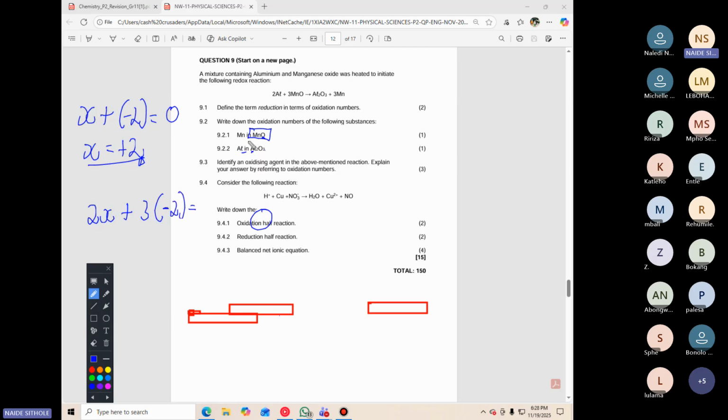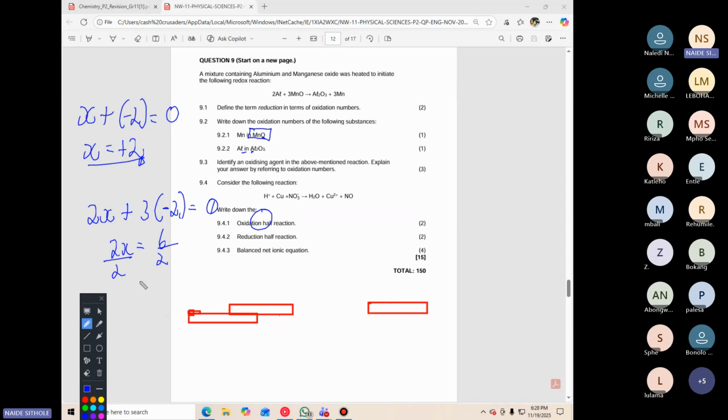Again we are met with a stable substance, so it is equated to 0. Now we have 2x equals positive 6 when we transpose, then divide by 2, our x becomes positive 3. That's the oxidation number of aluminium.